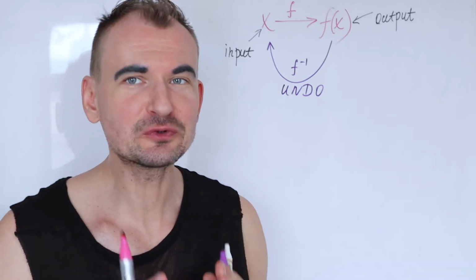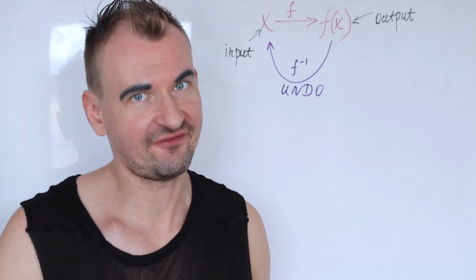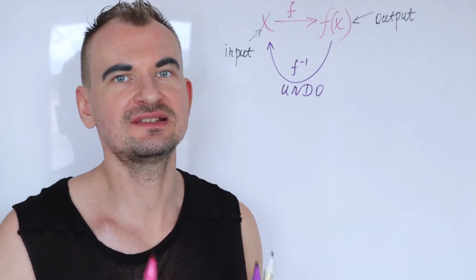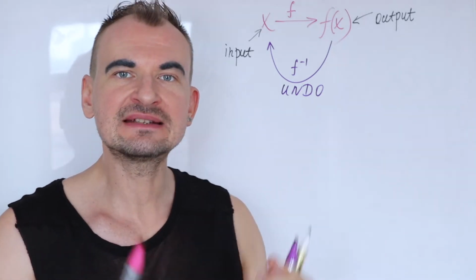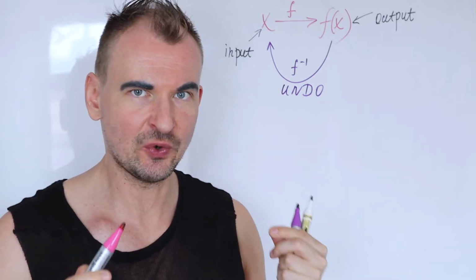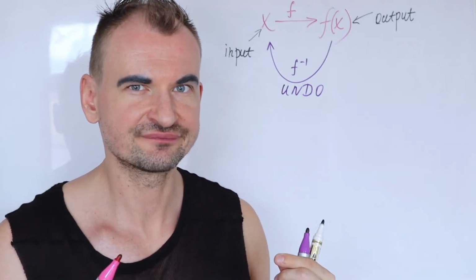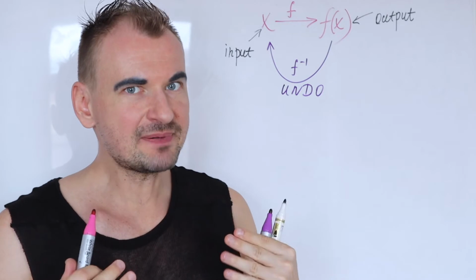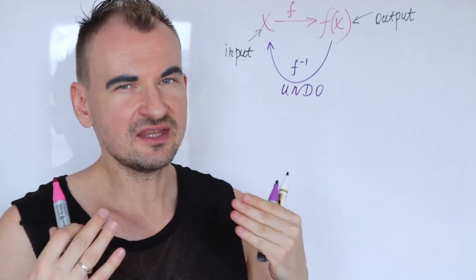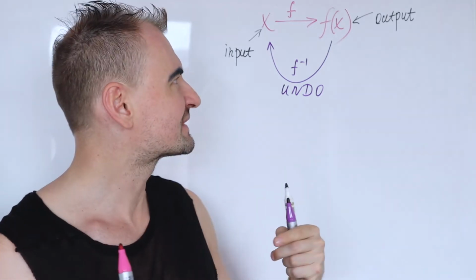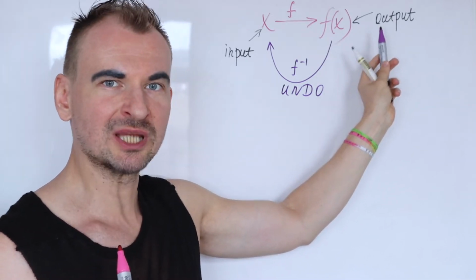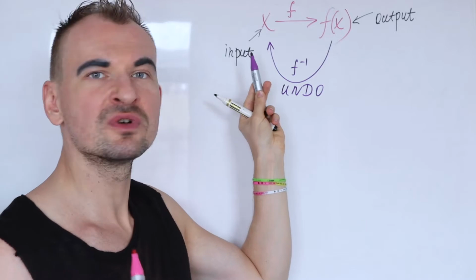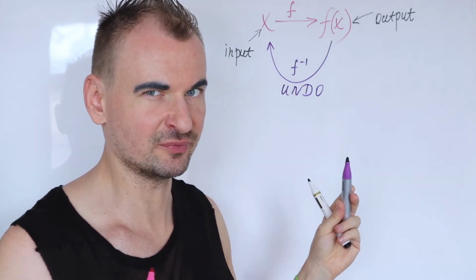Hey guys, how to find the inverse of a function. First of all, what is the inverse? Inverse function basically undoes your function. That simply means the inverse function maps each output back to its input.